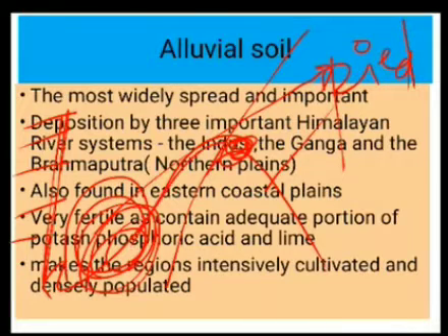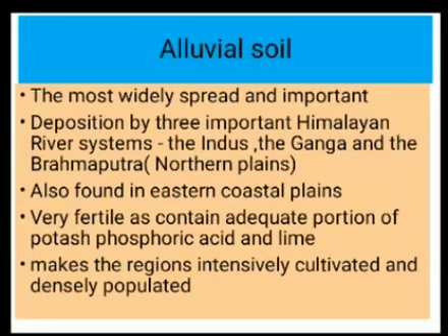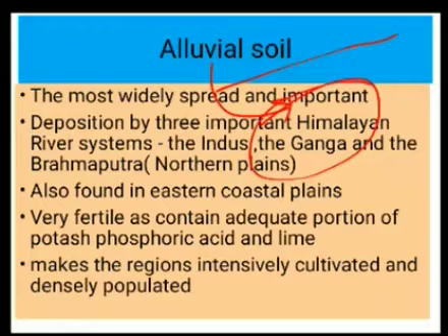I repeat, if this is a mountain, this is the foot of the mountain. You can call it a transition between mountains and the actual plains. If you recall the northern plains, the longitudinal division, children: we had the Bhabbar zone, the boulders, and then the streams re-emerge, the Tarai zone. Then we had Bhangar, and then Khadar.